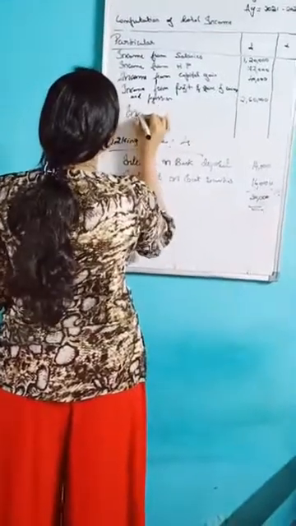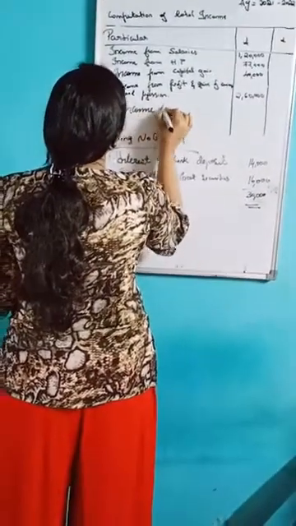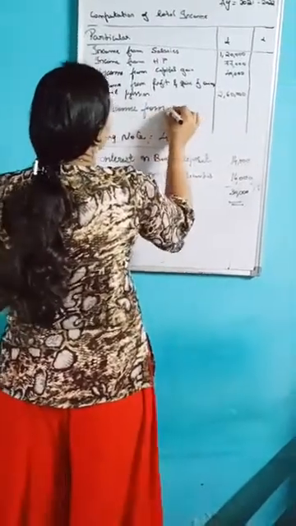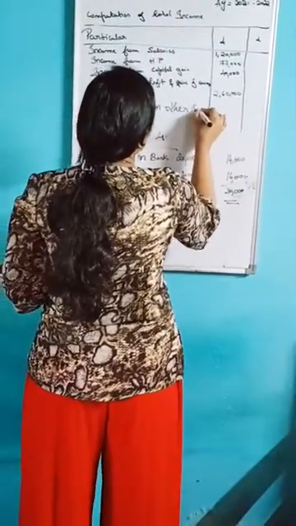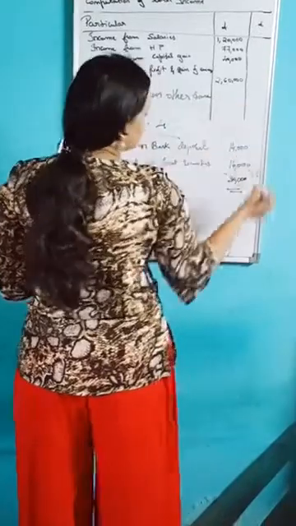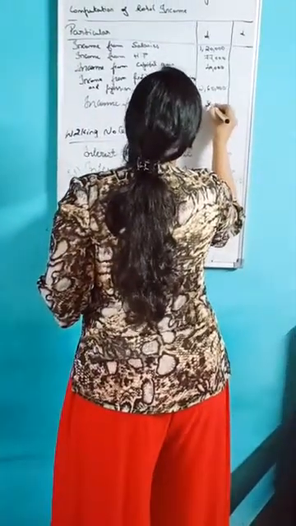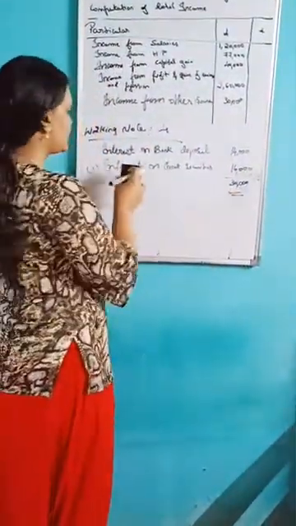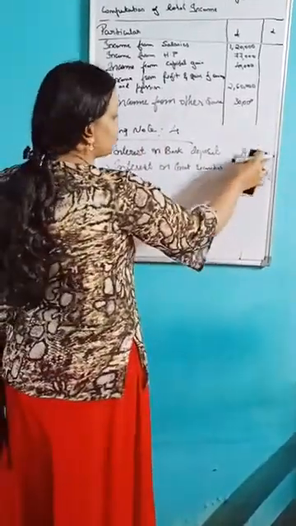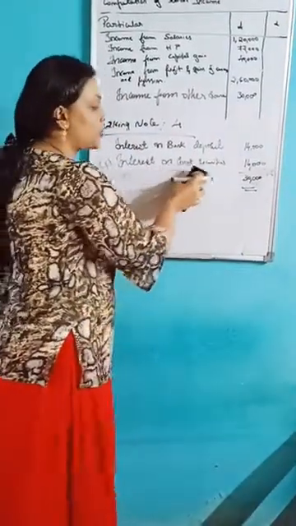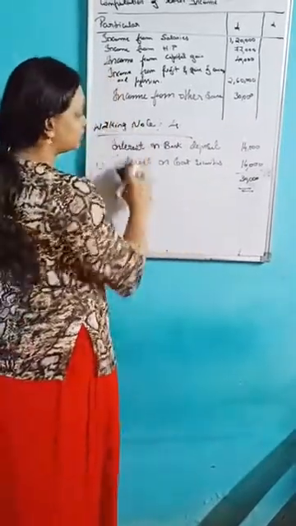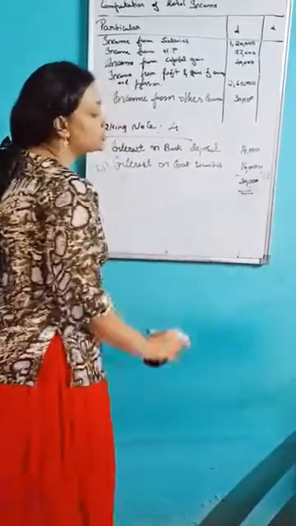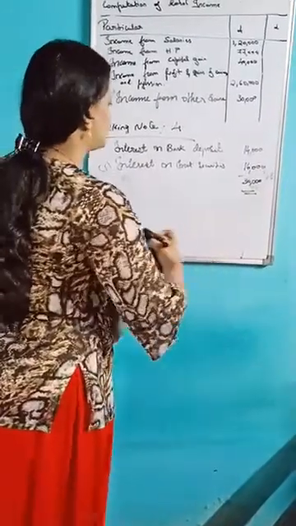So you write here income from other sources, that is 30,000. So we will add interest on bank deposit 14,000 and interest on government securities 16,000. The final answer you will get is 30,000, that is income from other sources.